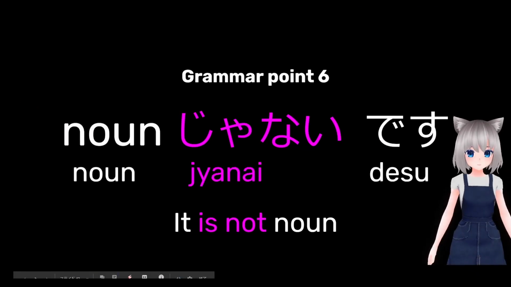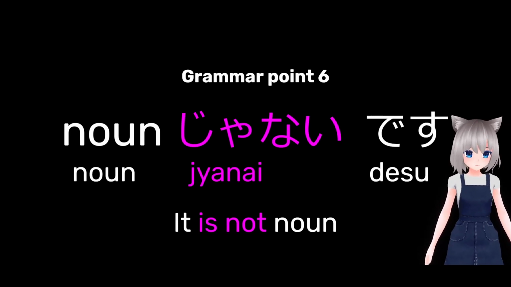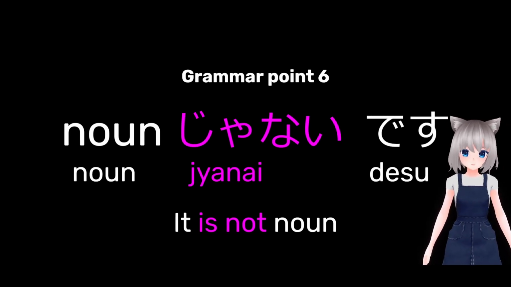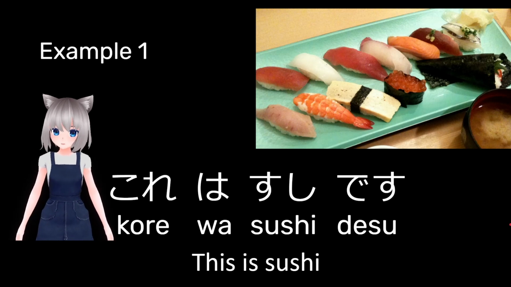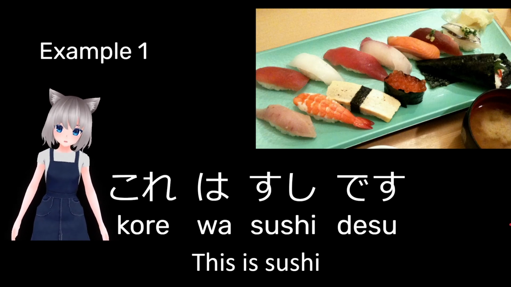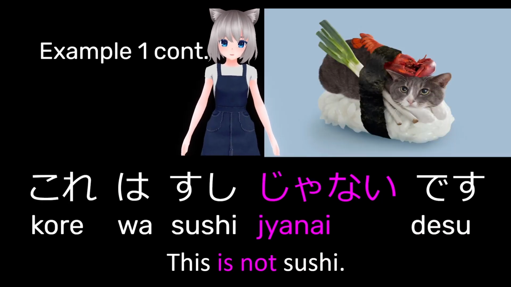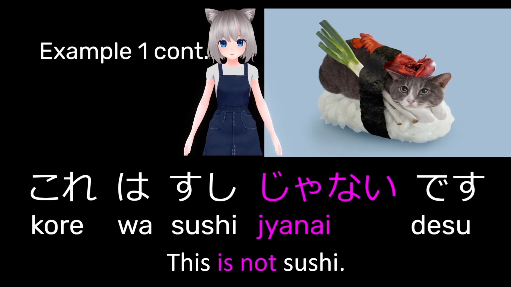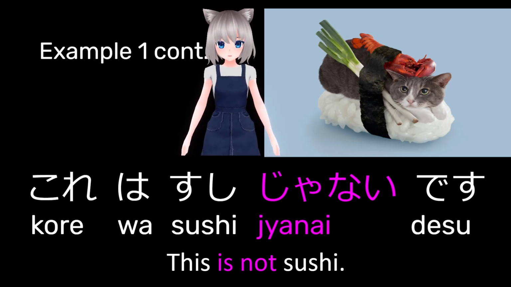これも寿司です。It's gorgeous, isn't it? And to say it is not something, Noun じゃないです。It is not noun. For example, back to the sushi. これは寿司です。This is sushi. これは寿司じゃないです。This is not sushi.